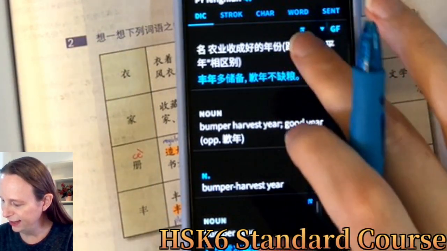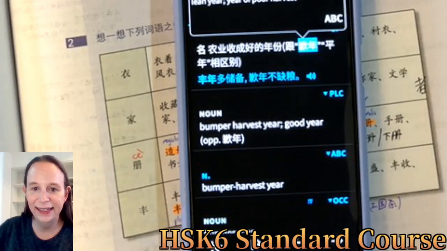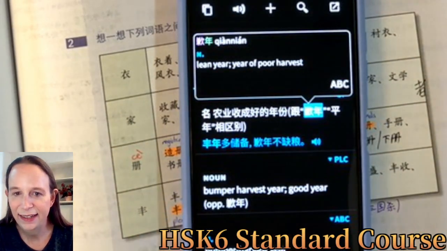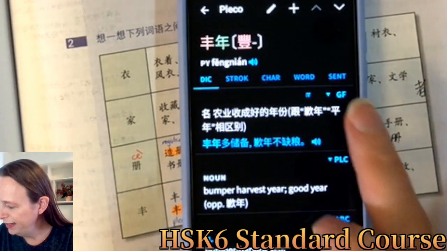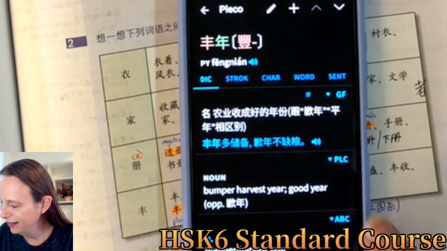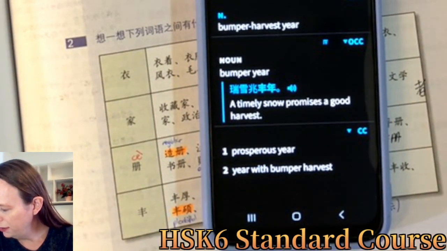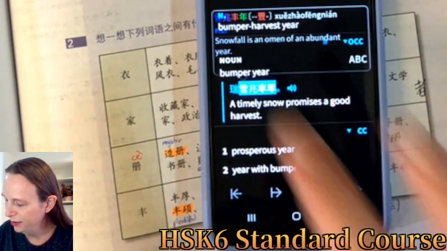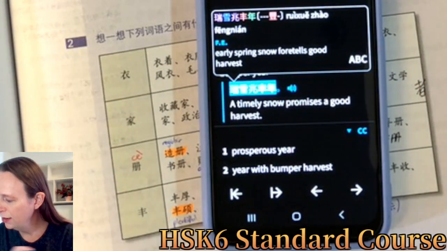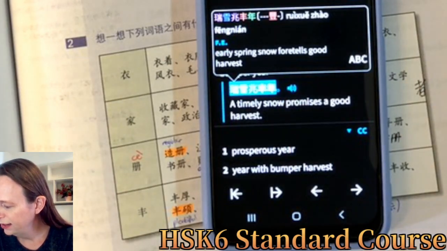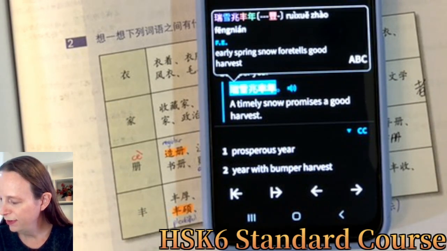No, 千 is it? The opposite of 千年. Okay. 平年 average year. All right. 瑞学照. 丰年. Is this a 成语 or something? 瑞学照丰年. Early spring snow foretells good harvest.